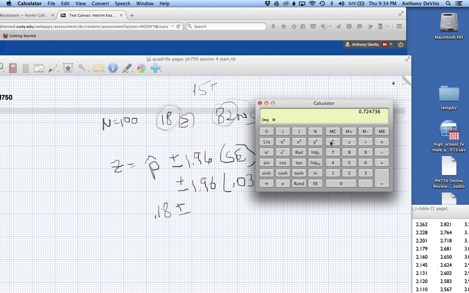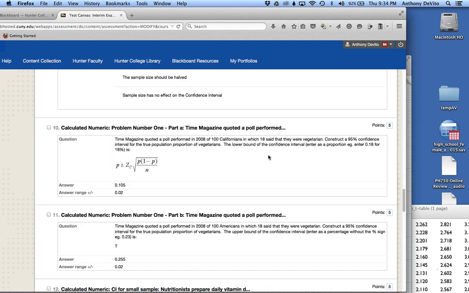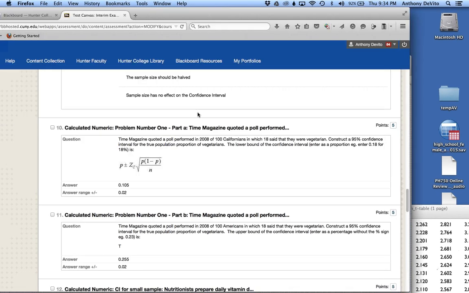Recall memory, oops, that came out wrong. 0.18 minus recall memory equals 0.105 roughly. Okay, and let's see what I took for acceptable answers for that.